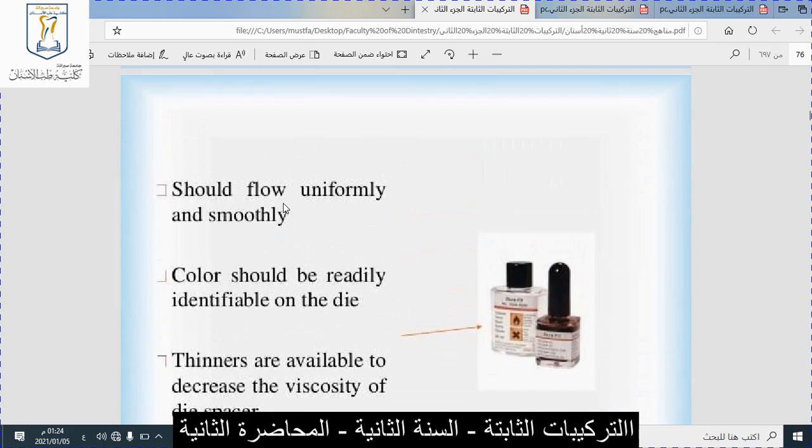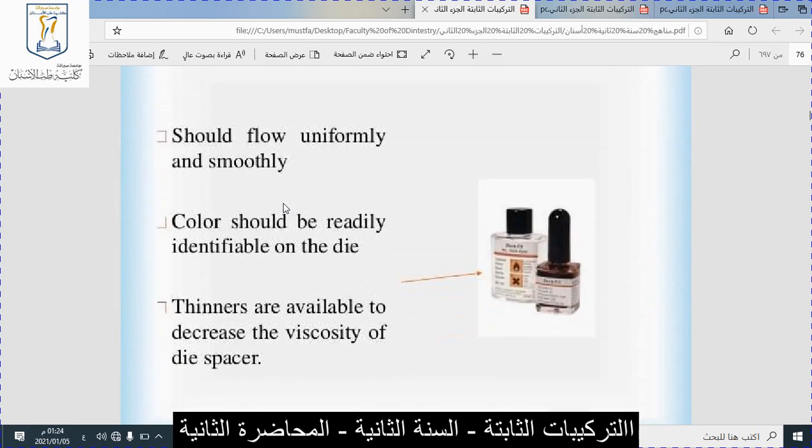Die spacer must be put away from the margin by 0.5 to 1 millimeter, because it will assist adaptation. We need adaptation around the margin, so we have to make the die spacer away from the margin 0.5 to 1 millimeter to make good adaptation of the cast to the margin.